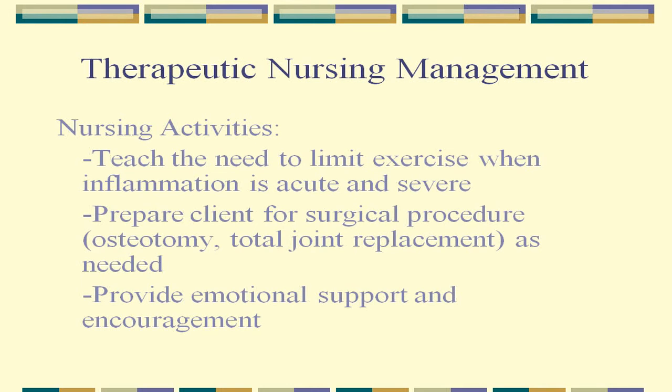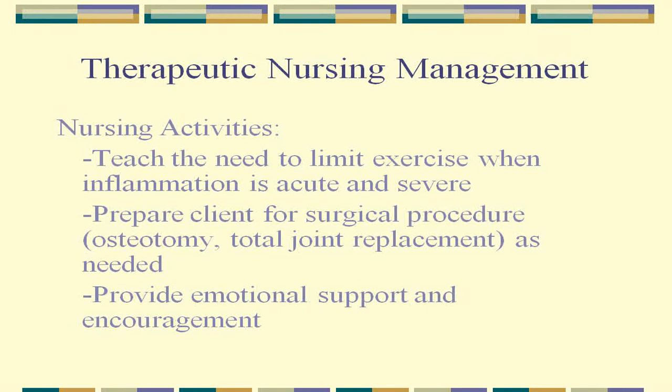We're going to prepare the client for surgical procedure, possibly an osteotomy, maybe a total joint replacement as needed. And so we see in the book it talked about the hundreds of thousands of people that require hip replacements every year.